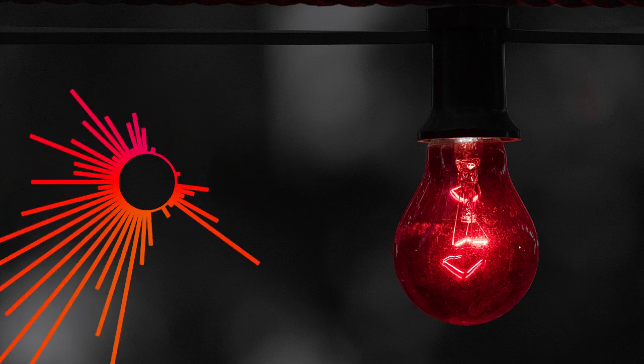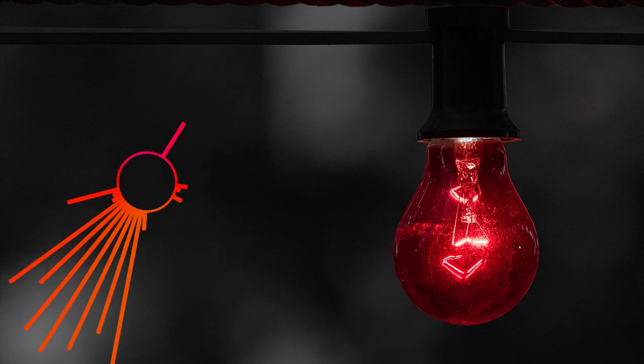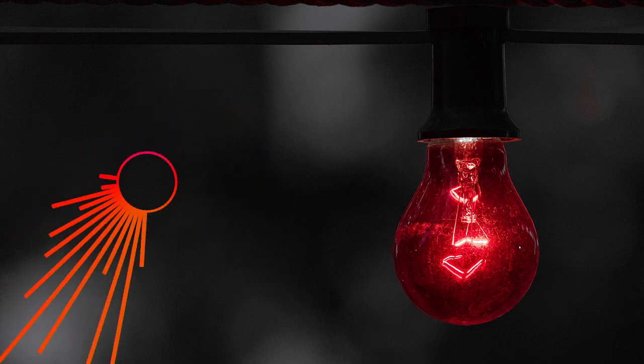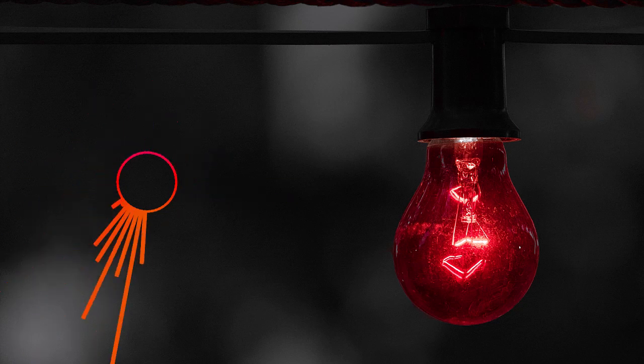Lighting controls are the tools that make it happen. They can do something as simple as turning lights on or off, or something more advanced, like automatically adjusting light levels based on daylight, time of day, or whether someone is in the room.